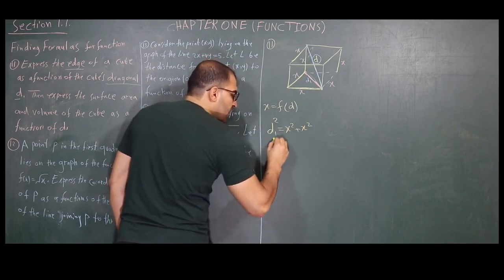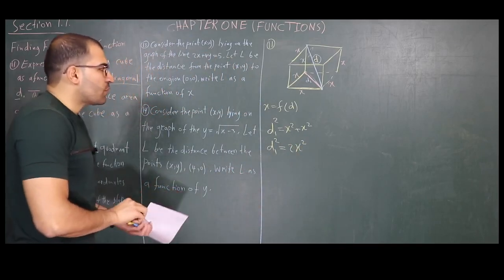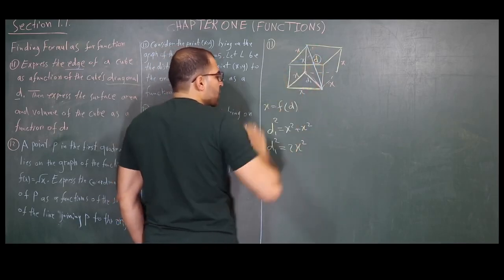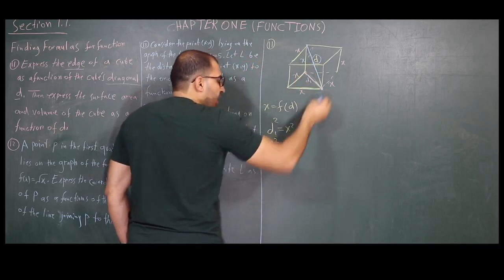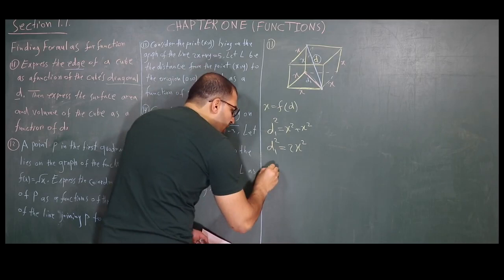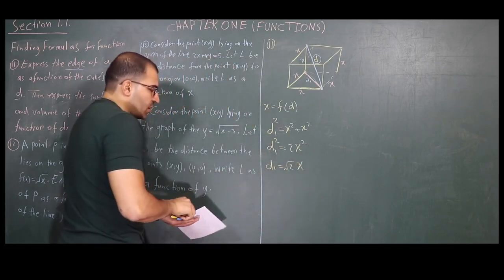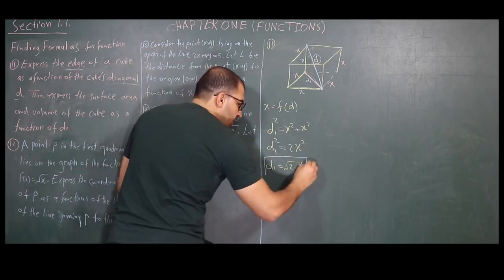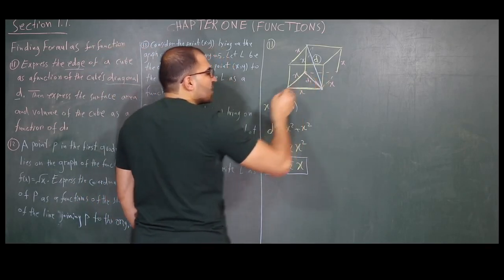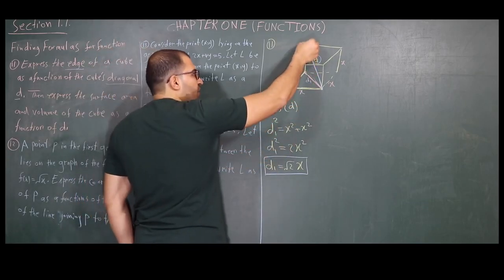So d1 squared equals 2x squared. Now I need d, not d squared, so d1 equals the square root of 2 times x. This is the expression of the diagonal of the base of the cube.